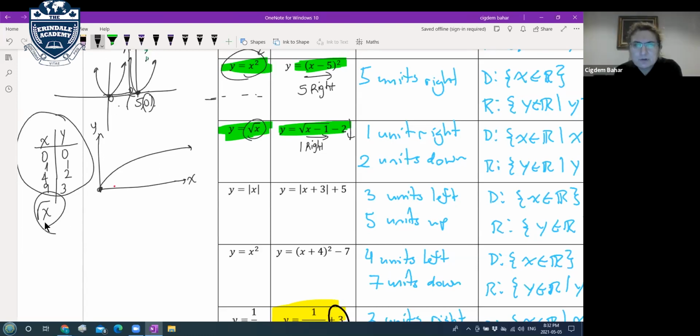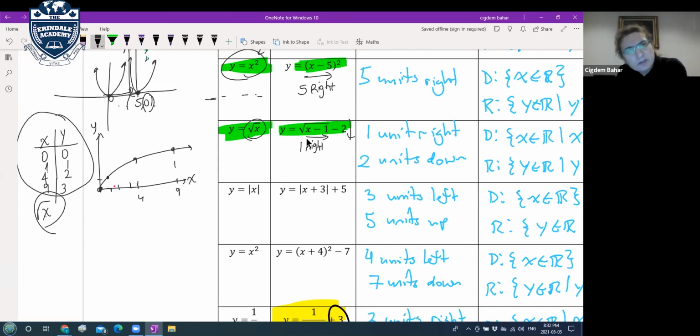When x is 0, square root 0 is 0. When x is 1, square root 1 is 1. When x is 4, square root 4 is 2. When x is 9, root 9 is 3. So these are the key points, the table of values for square root x.